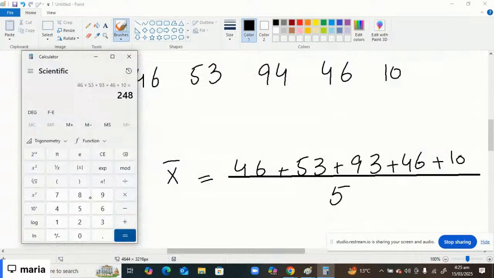All of it is 248. Is it right? 46, 53, 93, 46, and 10, these are all 248. Now we divide the 248 by 5.